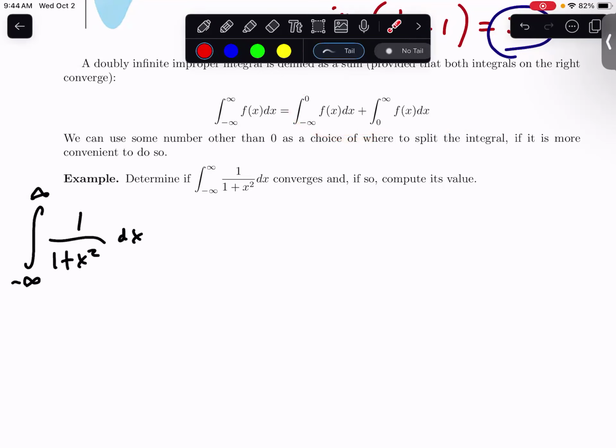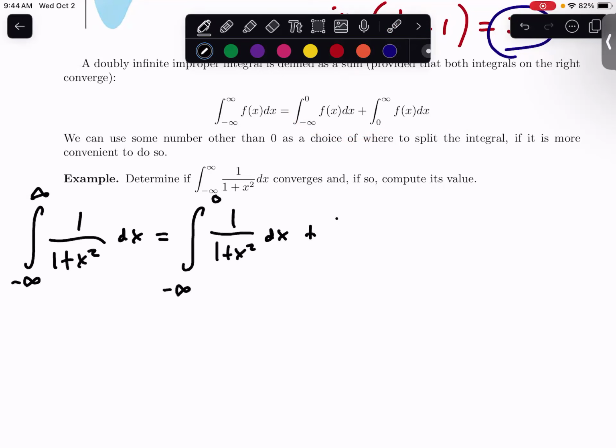We're going to make it so we have 2 integrals. So we're going to write this as being the integral from minus infinity to 0 of 1 over 1 plus x squared dx, and then this will be plus the integral from 0 to infinity of 1 over 1 plus x squared dx.